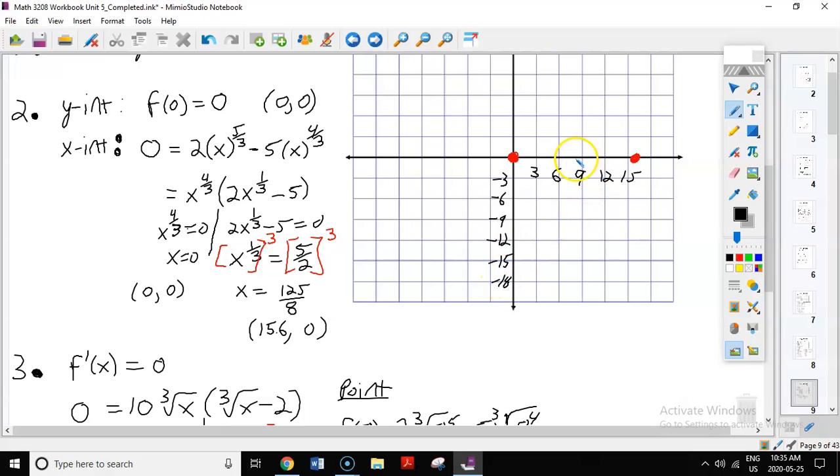So 8 would be about here, and negative 16 would be about there. So not a great place to put it, but again, it's where it has to go.